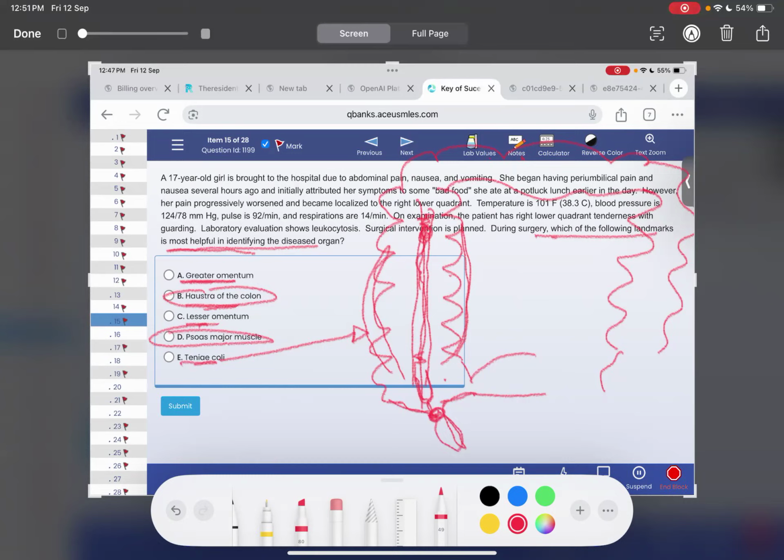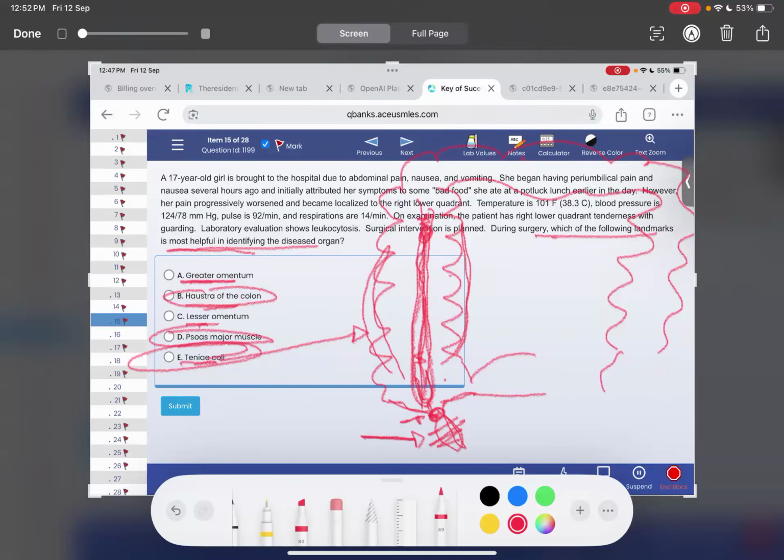Have you got the point? When there is no palpation of this inflamed appendix, then a surgeon goes from this area down, down, down. Wherever the tinea coli converge in this area, this is the landmark of the appendix. So this surgical landmark is helpful in finding the appendix and helps in appendectomy.